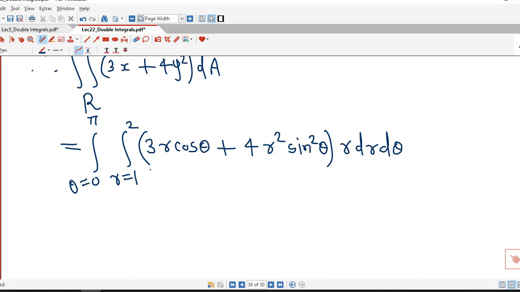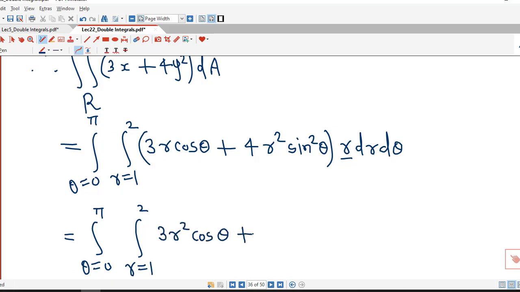Now we multiply this bracket with r. First we collect the powers of r. So before integrating, we multiply 3r cos theta into r, that is 3r squared cos theta, plus 4r squared into r, that is 4r cubed, and sin squared theta as it is.